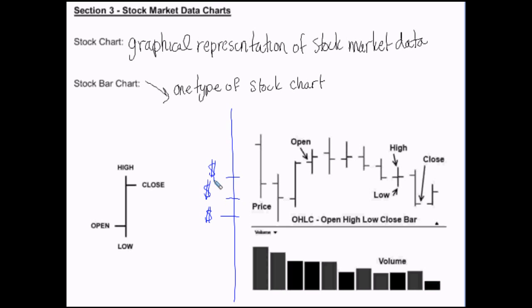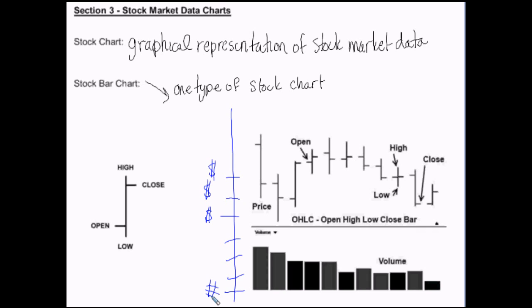Down here at the bottom, you always have volume. Up here is prices, and this is just numbers, and they could be in the millions or the hundreds or the thousands, it just depends on what scale they set, and it'll say in millions or hundreds or thousands.